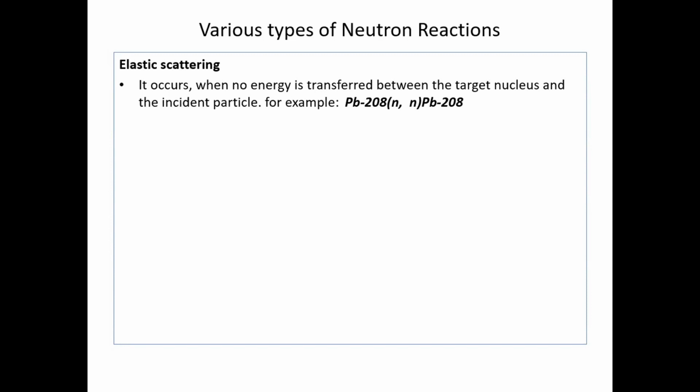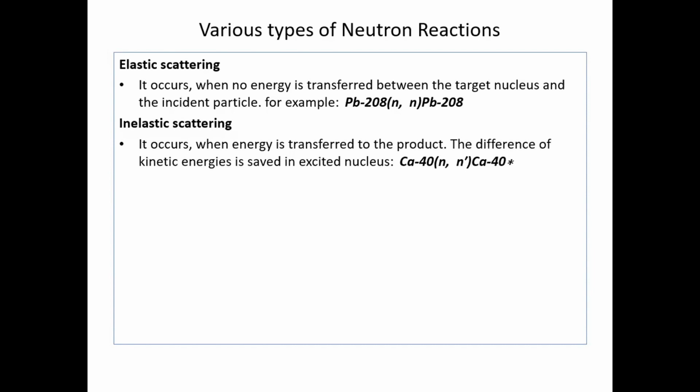The first is the elastic scattering. It occurs when no energy is transferred between the target nucleus and the incident particle. For example, this lead Pb-208 is hit by the neutrons, and they are elastically scattered. Energy of the scattering is conserved. The neutron just scatters away, and the lead nucleus remains the lead nucleus.